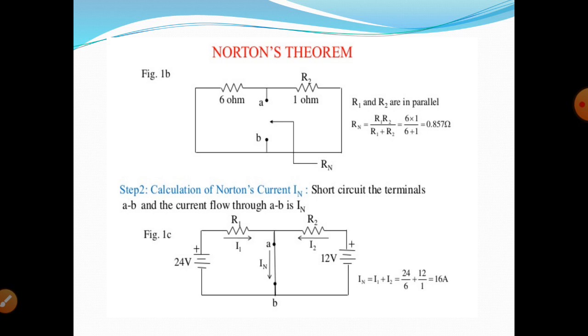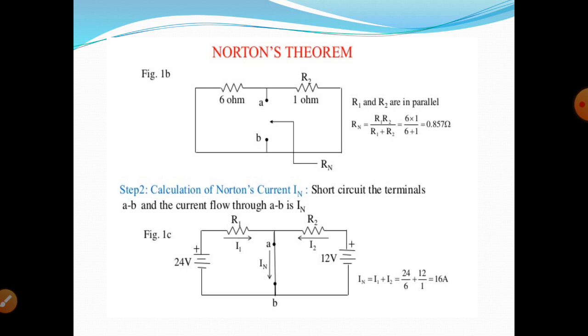Next we calculate the value of IN. The load resistance, that means the R3 resistance, is connected as a short circuit, so we find the value of IN. IN is equal to the total current. IN is equal to I1 plus I2. First we find the values of I1 and I2, and we get the total current IN.